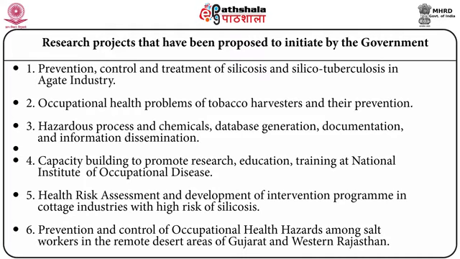Now, another small word about this before I go on to the next ones. The agate industry, although it's a very flourishing industry in the Khambat area of Gujarat, is actually a small household industry.